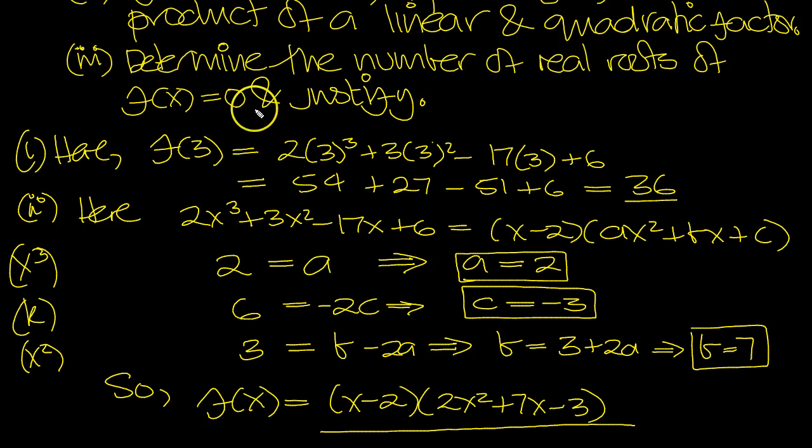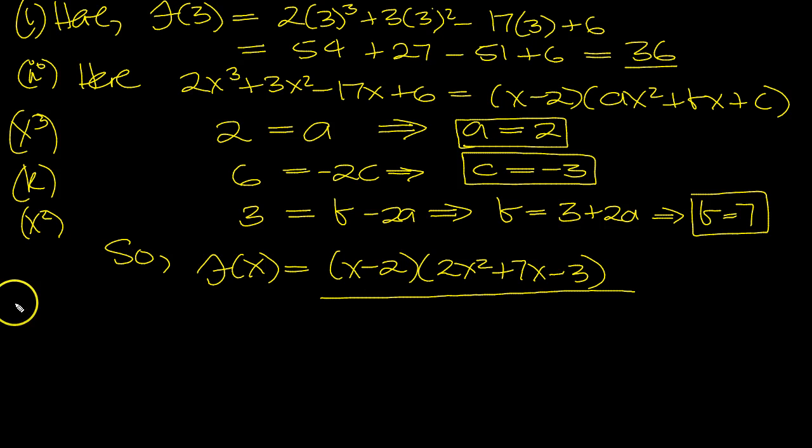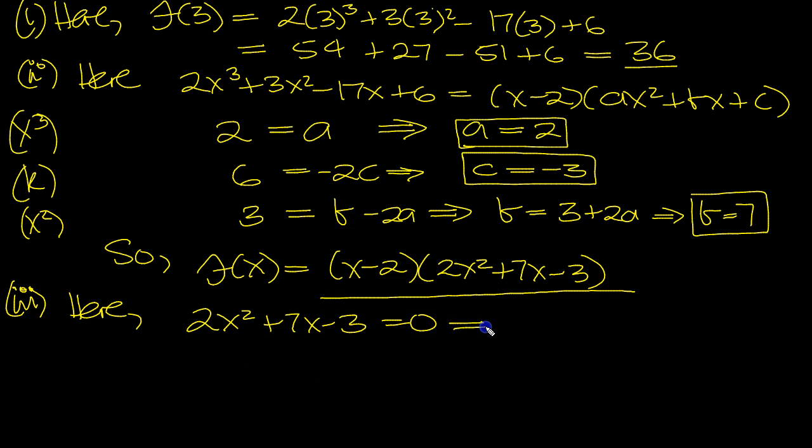Part 3: determine the number of real roots of f of x equals 0 and justify. Let's have a look at this quadratic, 2x squared plus 7x minus 3 equals 0.